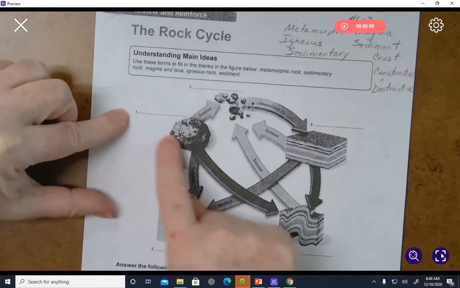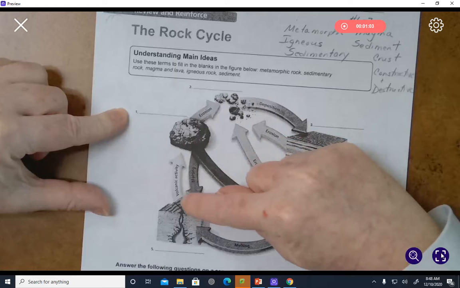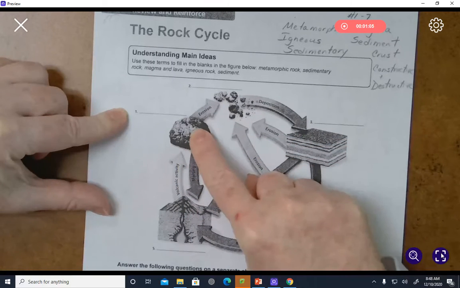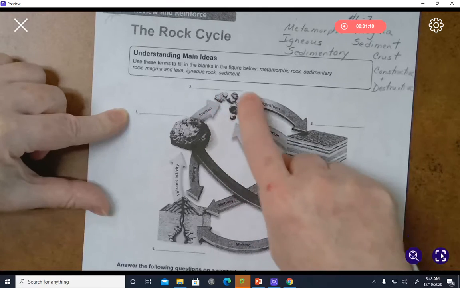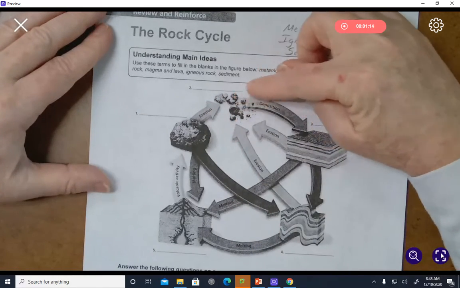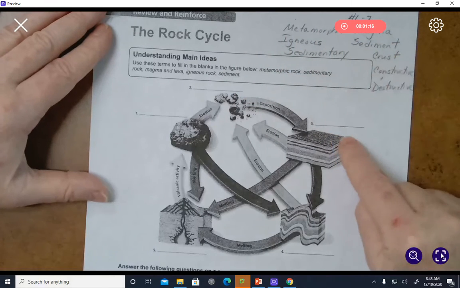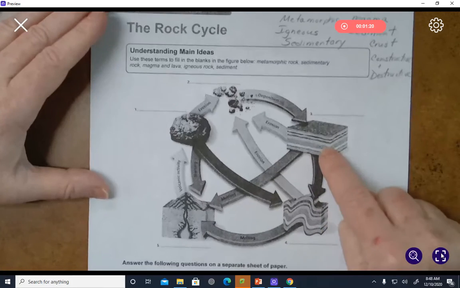So this picture right here, what rock comes from volcanic activity? Then erodes. What are all these little pieces of rock called? Deposition occurs. What type of rock is usually found in layers?